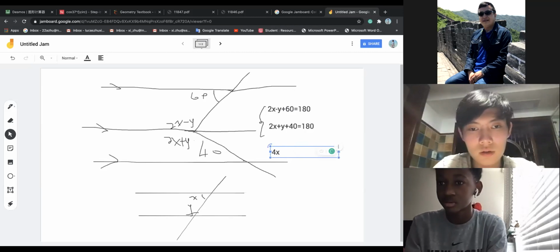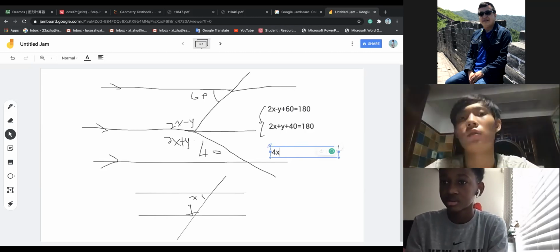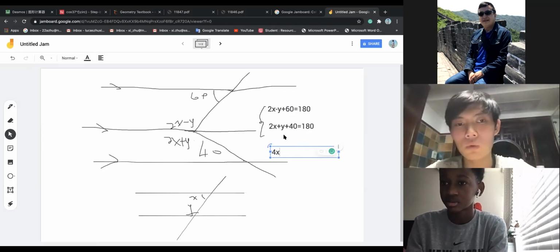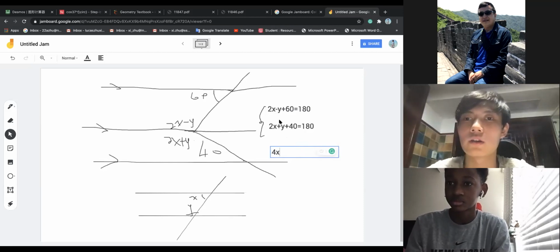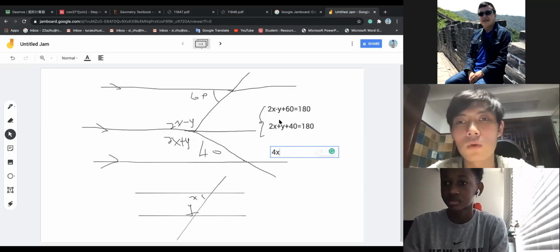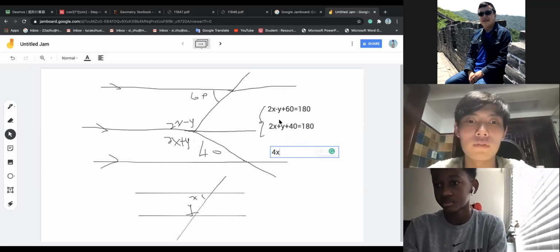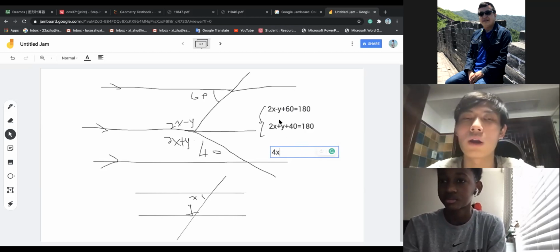No. So what's the purpose of setting up a system of equations? If you want to solve a system of equations, you have to cancel out, eliminate one of the variables, right? Because it has two variables. So you want to try to eliminate one of them, which leaves you only one variable, and that's really easy to solve, right?